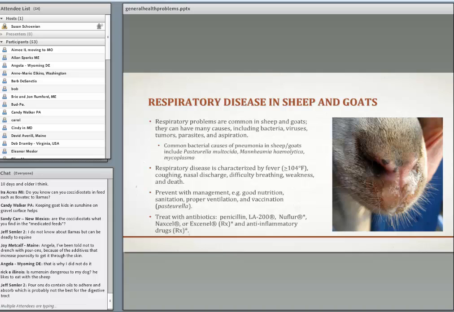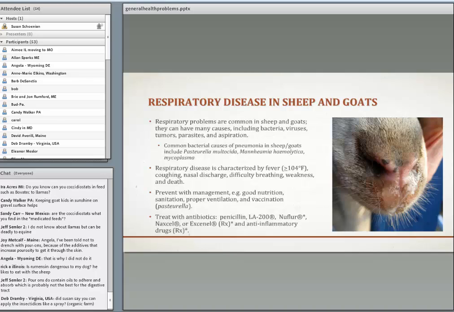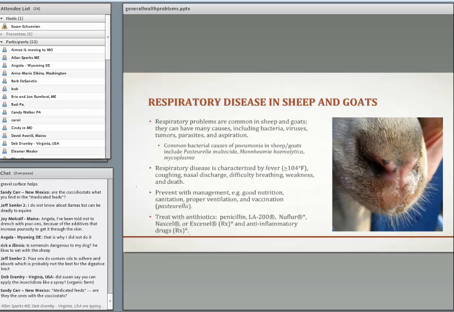There is a vaccination for pneumonia caused by Pasteurella. We talked about that a couple of classes ago. Respiratory diseases are treated with antibiotics. Most of them are not FDA approved for goats. None of them are. And a few of these would actually require a prescription for sheep as well.